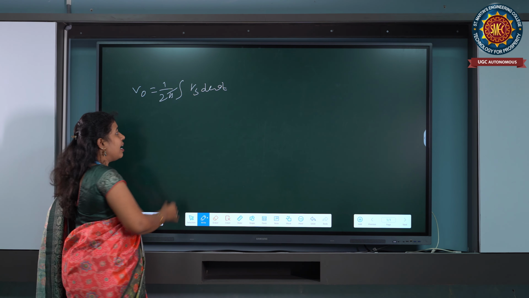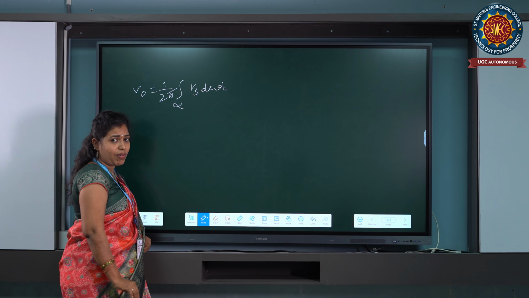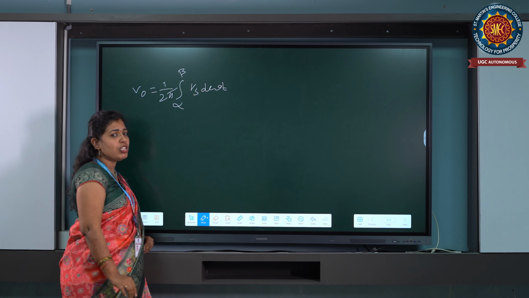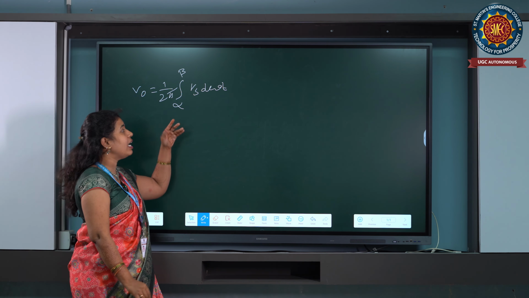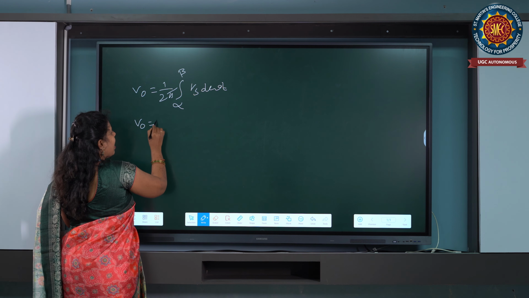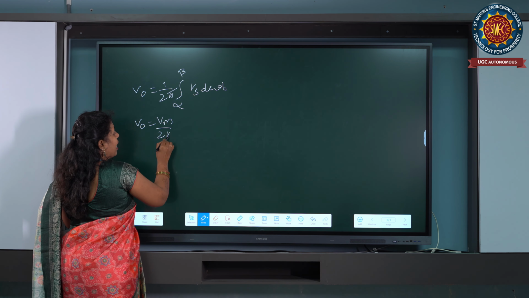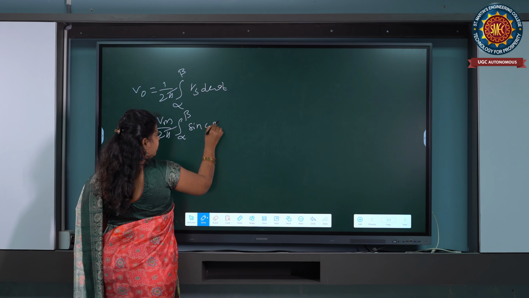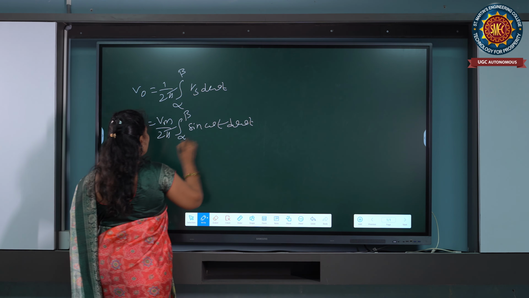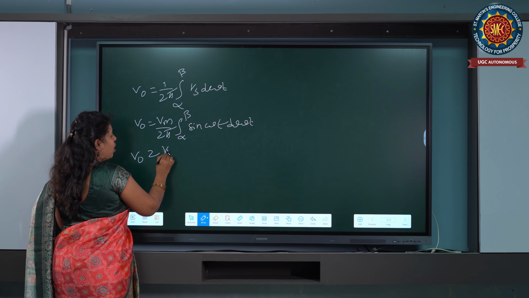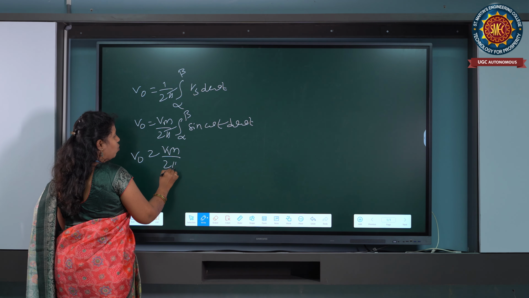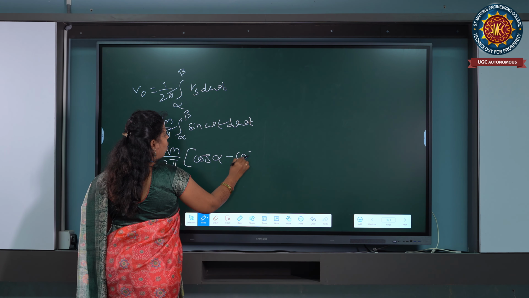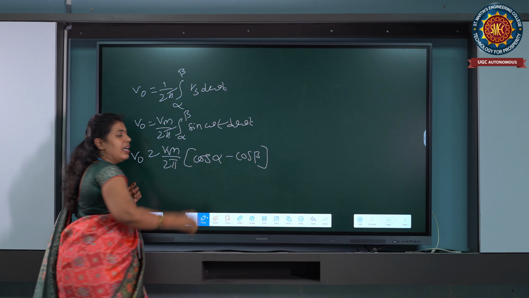The conduction starts at alpha, but conduction ends at beta, not at pi, because due to the inductor the conduction goes to beta. So we get Vm by 2 pi integration from alpha to beta of sin omega t d omega t. Due to that, the output voltage V0 is equal to Vm by 2 pi into cos alpha minus cos beta.